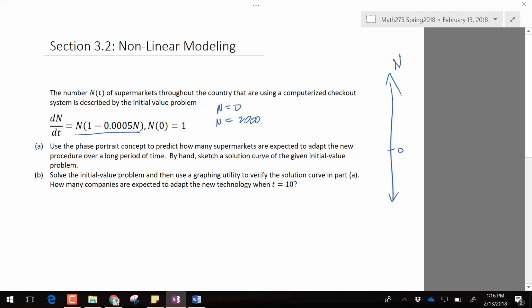This is your n-axis. Remember, because this is autonomous, it's not dependent on the independent variable t. So we can get the gist of how the graph looks by just looking at the dependent axis, n.